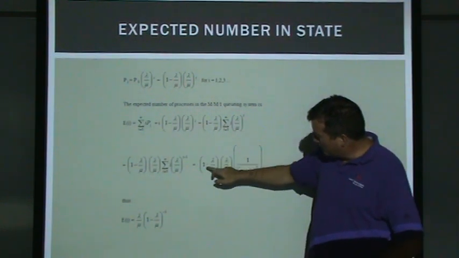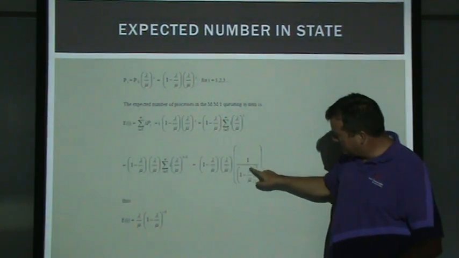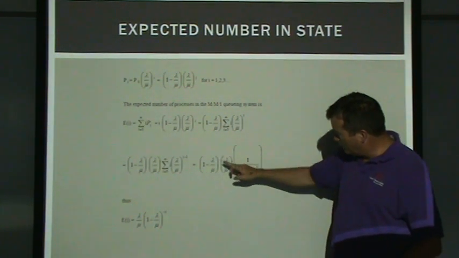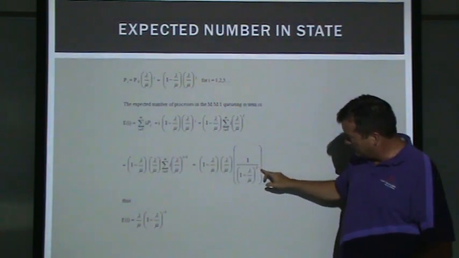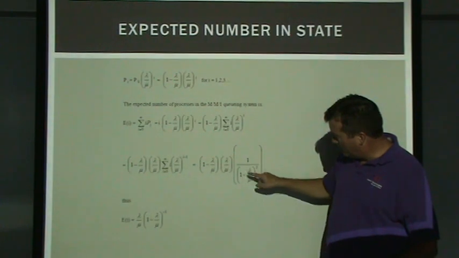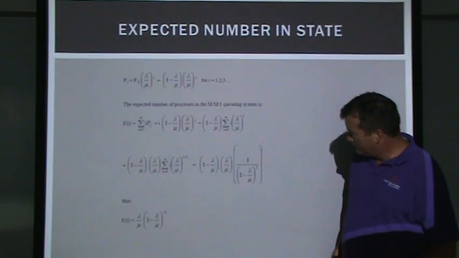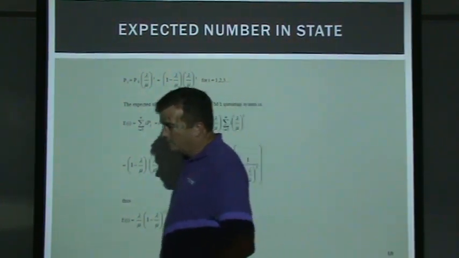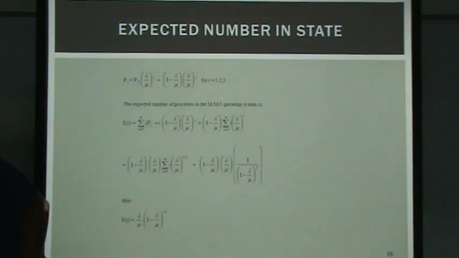So with this 1 minus lambda over mu, and this denominator of 1 minus lambda over mu squared, we can just cancel this 1 and cancel this 2 up here. And then we end up with lambda over mu divided by 1 minus lambda over mu. So that's the expected number in front of us when we arrive.